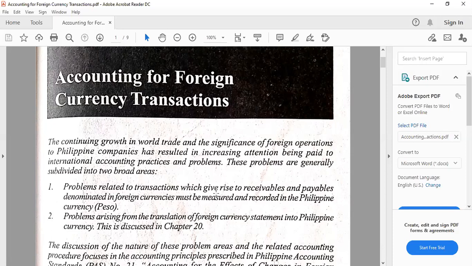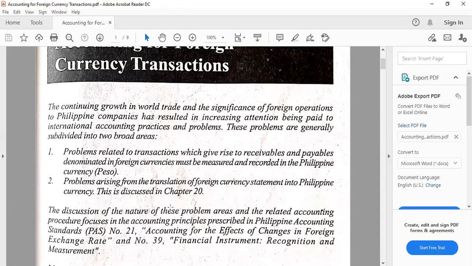It is a Philippine-based corporation, just like Jollibee Foods Corporation, JFC, which has already expanded to a lot of countries worldwide. But the mother is in the Philippines, therefore there's a need to translate the financial statements from those foreign operations into Philippine IFRSs and currency also. These are the concerns that we are going to deal with.